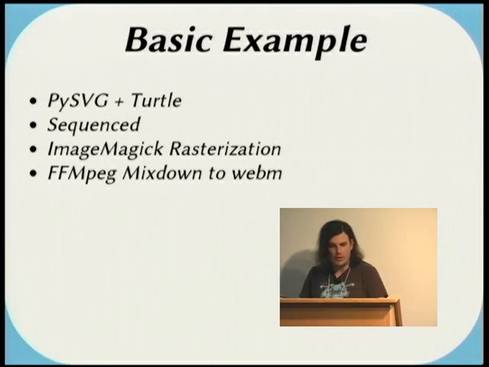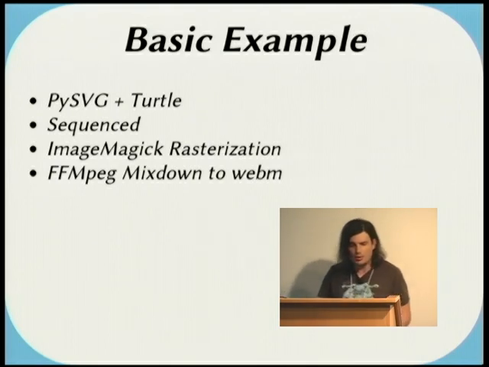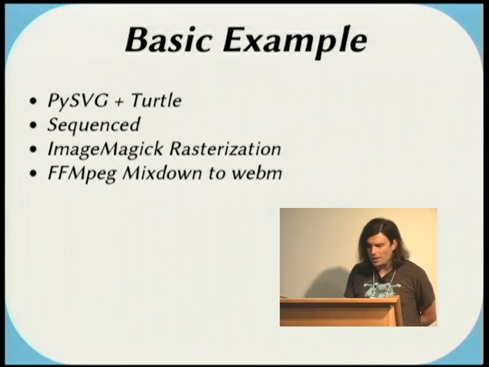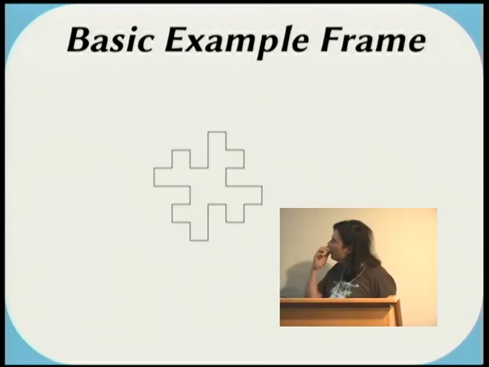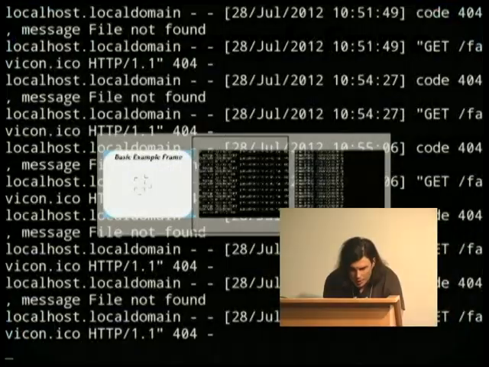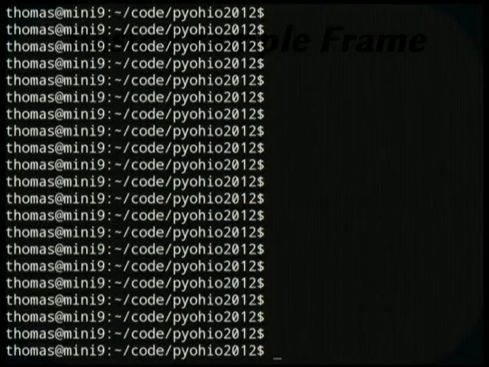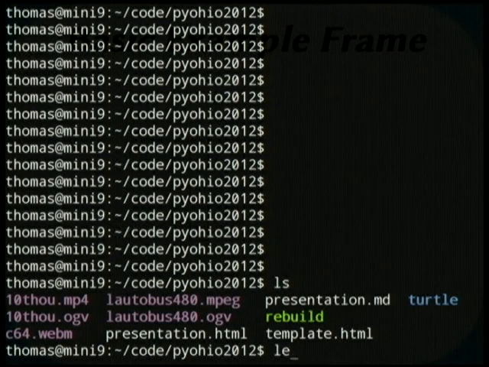I'll show you real quick how I used ImageMagick to turn the SVG files into JPEGs, and then the command that I used with FFmpeg to mix it down to WebM so that I could show it in this presentation. Here's the output of this program. Let me see if I can switch over to the code base real quick.